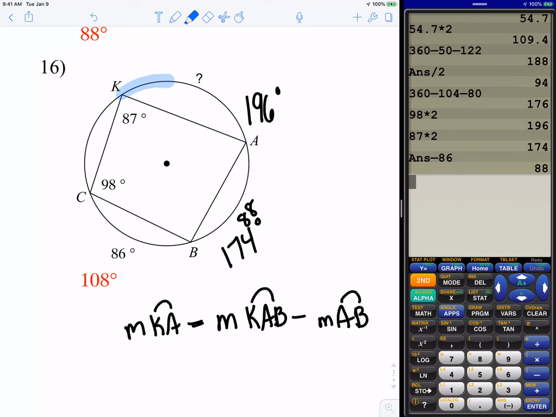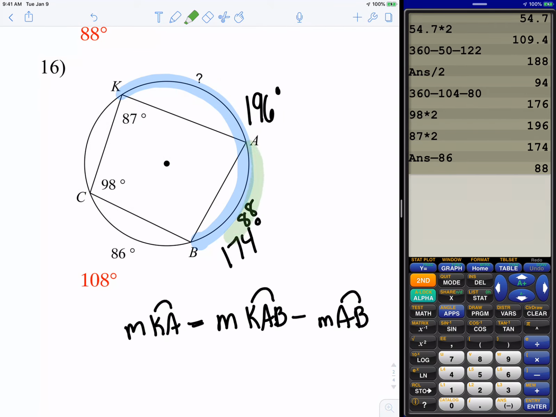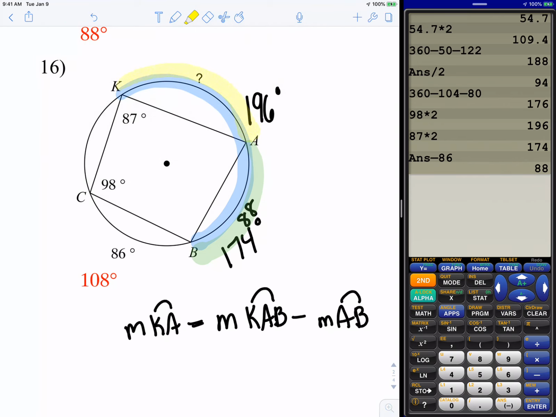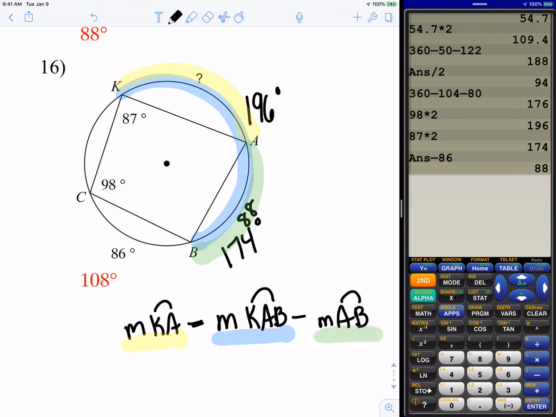If I take this entire measurement, which is 196, and I subtract off this green piece, then I'll be left with the yellow piece right here. So the yellow piece is the blue piece minus the green piece. All right, so 196 minus 88 leaves me with 108. All right, the next video will have the rest of the homework problem.